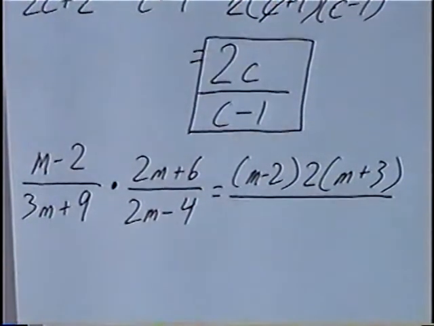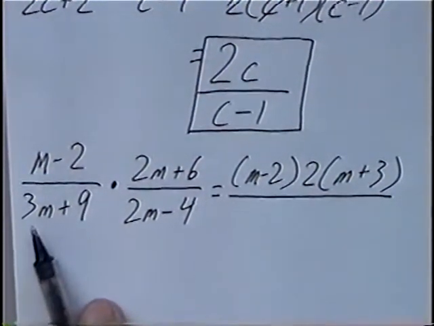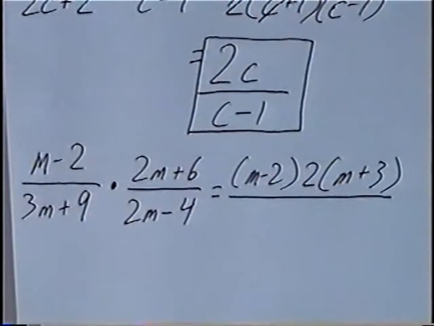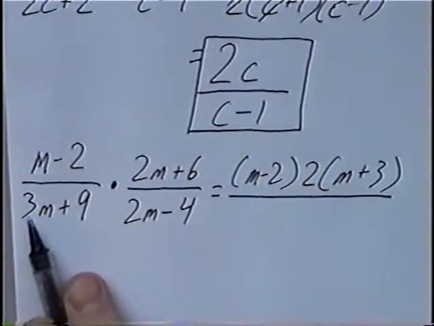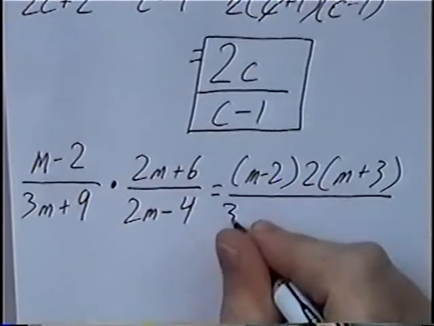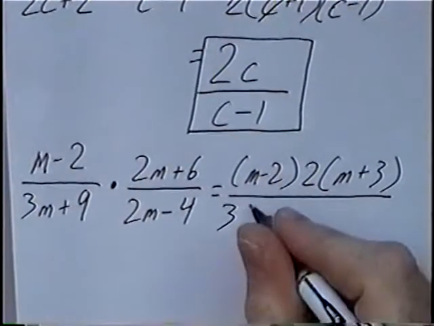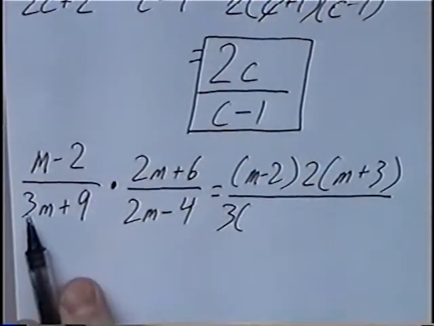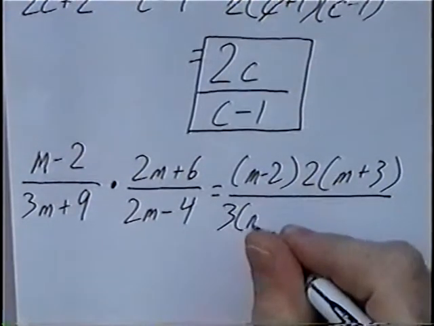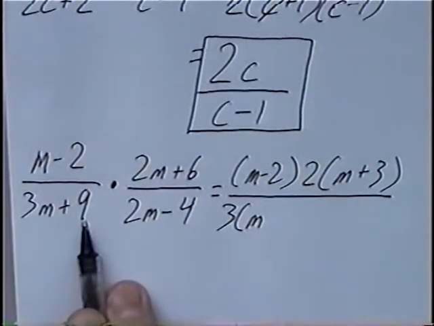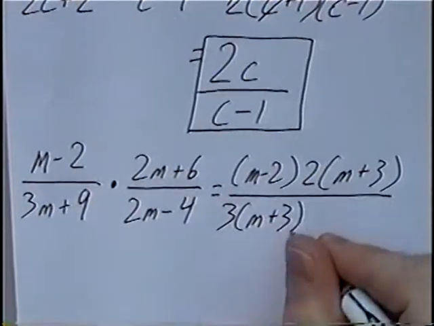Drawing the fraction line, in the denominator, we have 3m plus 9. And again, factoring when possible, 3 and 9, we can divide each of those by 3. Opening parentheses, dividing by 3 will be left with m, and dividing by 3 will be left with 3.